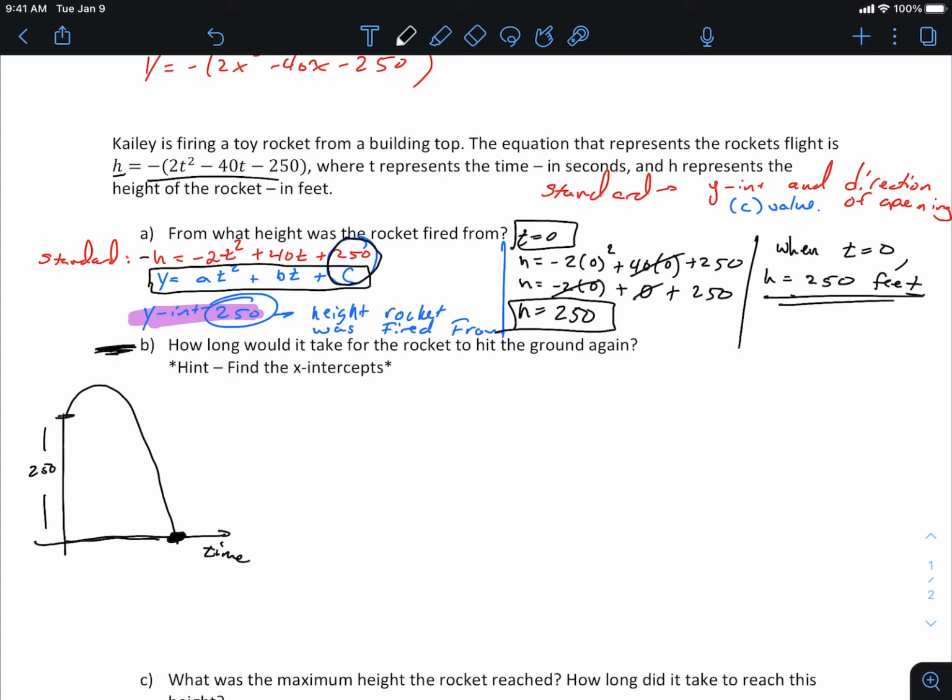The thing is, I've been provided in the question something that looks like this. Okay? How do I know that this parabola looks like this graph? How do I know it looks like that and not like this?